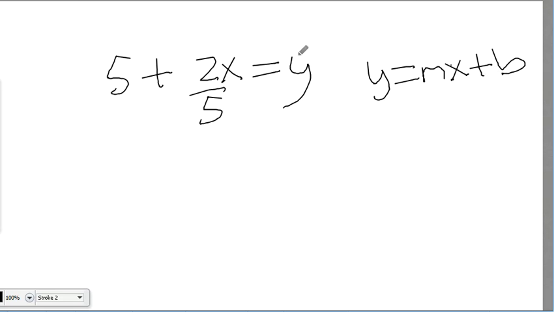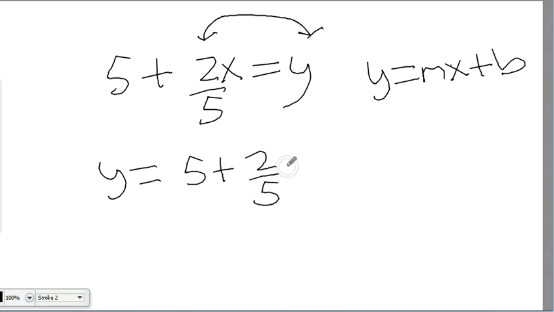This equation really is already in slope-intercept form. Can you guys see that? If I rewrite this and just switch these two sides around, we would have y equals 5 plus 2/5 x.